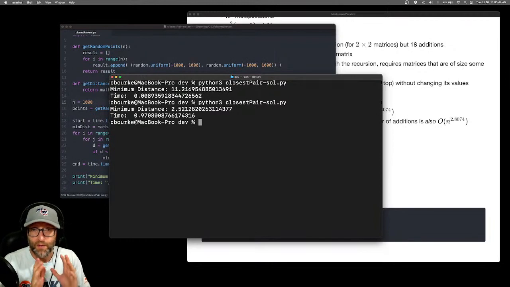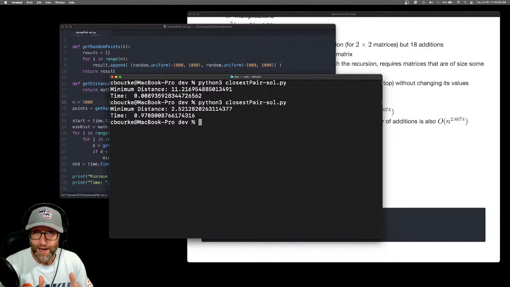So going from 100 to 1,000 is 10 times as big an input, and because it's order n squared, that means it's going to be 10 squared, 100 times slower than it was before. And we've observed that right here.